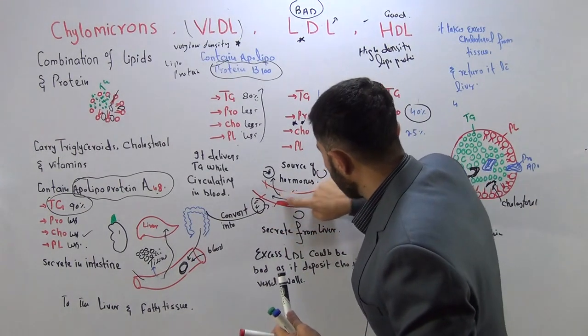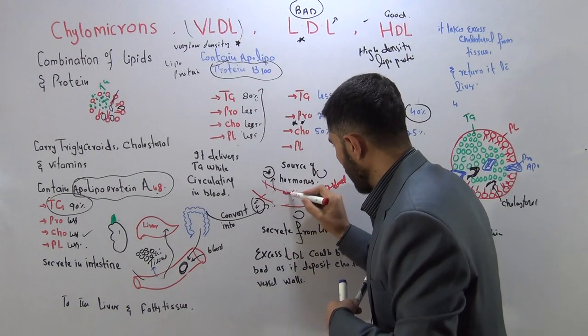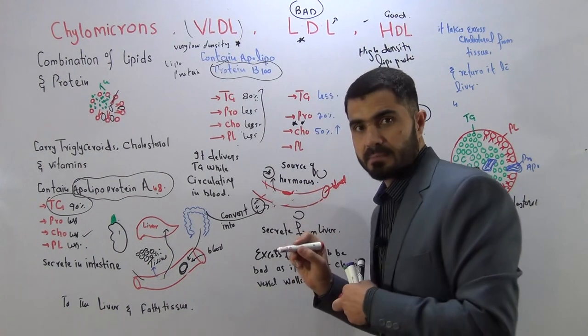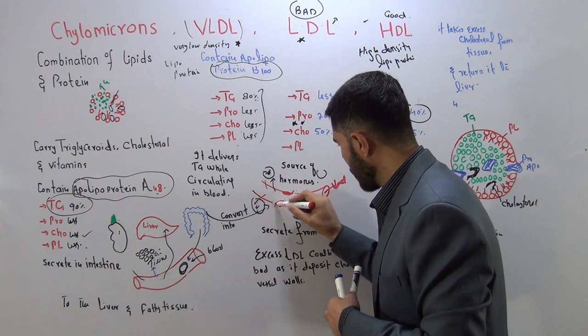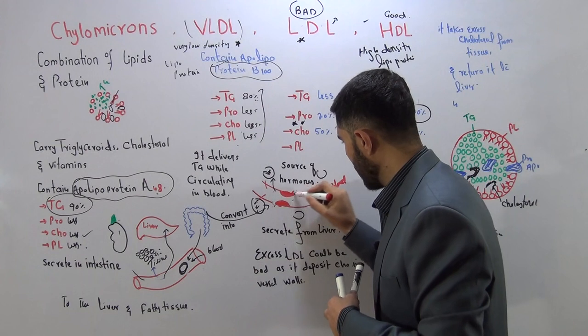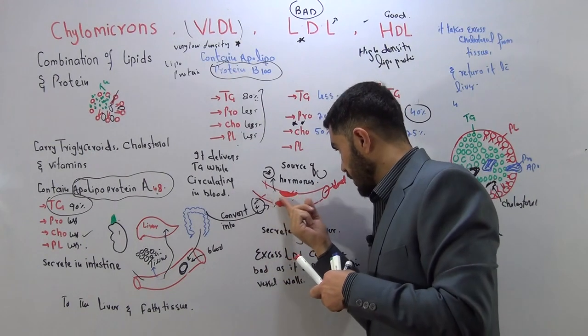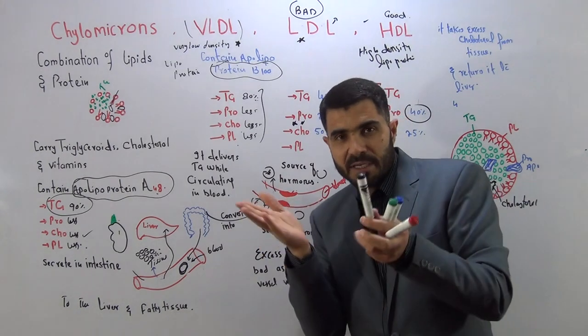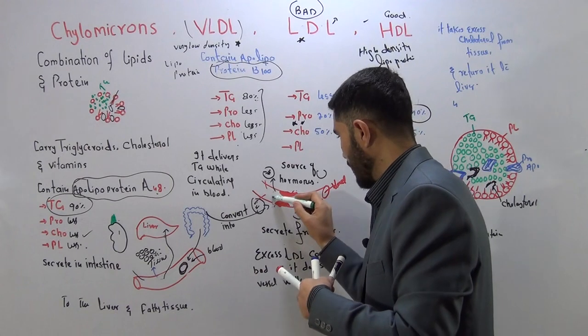So this is your blood vessel. In the blood vessel, the cholesterol deposits here and a little bit of cholesterol deposits here. This cholesterol deposit will make a clot. As a result, the lumen of the blood vessel will be narrow, meaning now it is very narrow, the blood cannot pass here very easily.